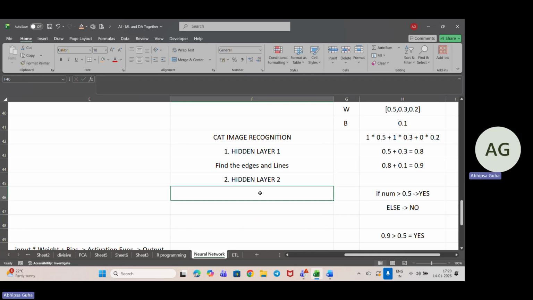What it will do is find the eyes, ears, nose, like that. Coming down to the third step, that is the third hidden layer.